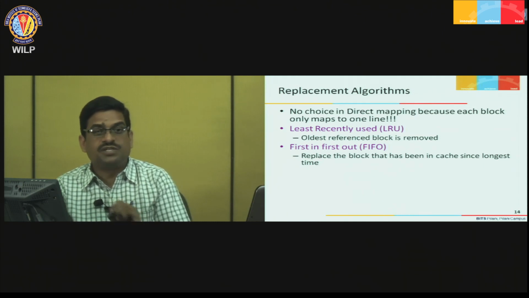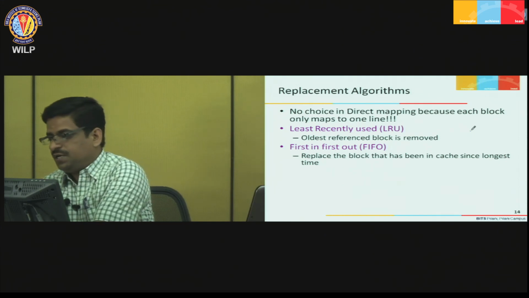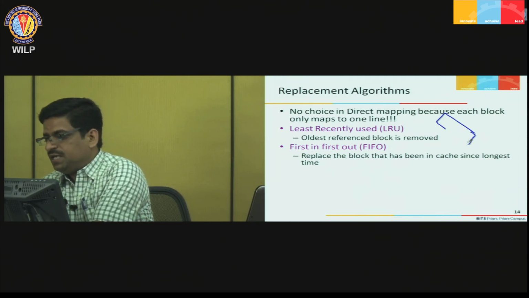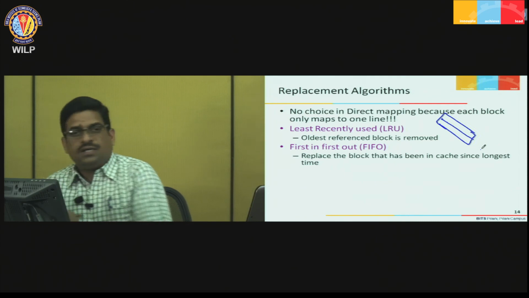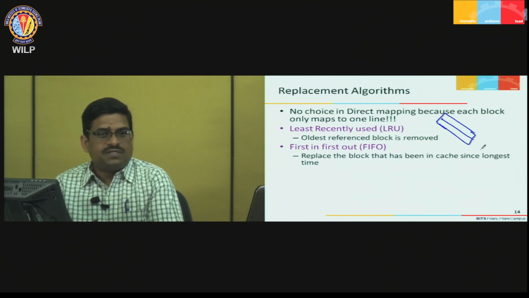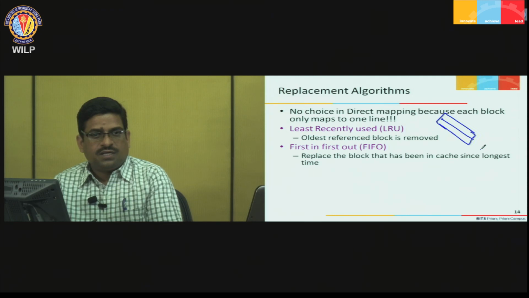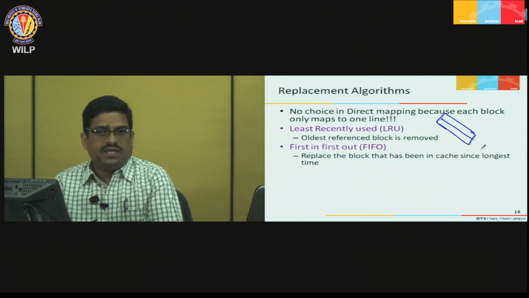What about the implementation of LRU? Say, for example, in the case of 2-way set associativity, each set has 2 lines, and you have to implement LRU. Every time you have to identify which is the least recently used. So 1 bit is sufficient to identify which line is the least recently used.